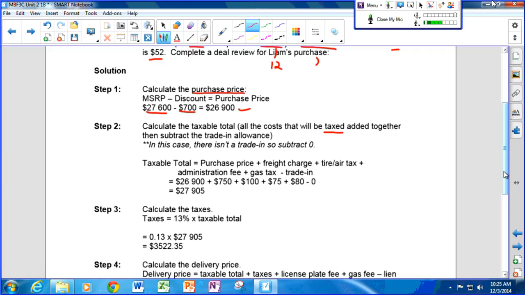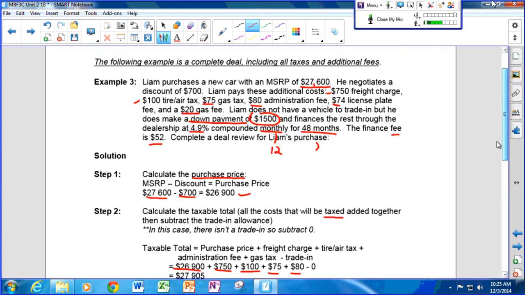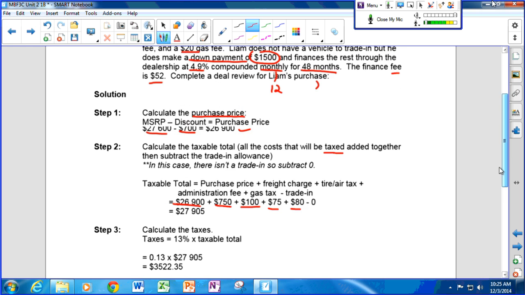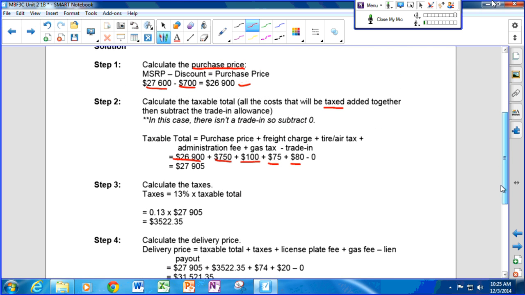It's fewer calculations. So here's what we did. We took the purchase price, and then we went through all of the things. That's the freight charge, that's the tire tax, that's the gas guzzler tax. What was the $80 for? Administration fee, and then the minus to zero is the trade-in.